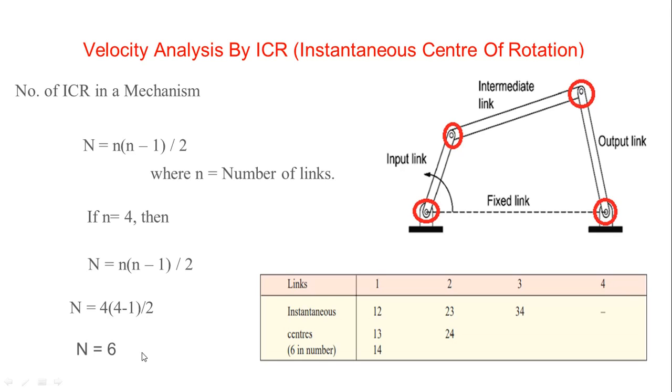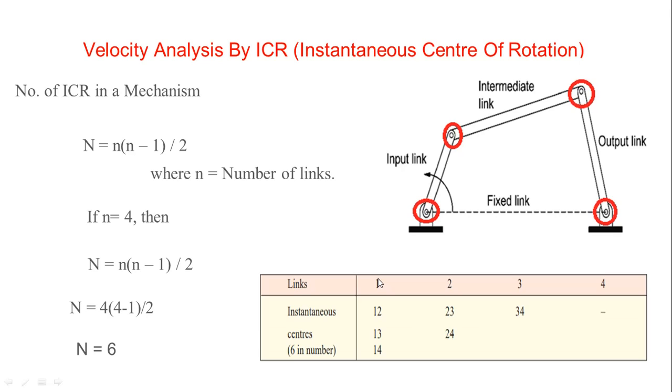Which are these 6 ICR? As we know that it is a 4 bar mechanism, we write down the links 1, 2, 3, 4. As we write these down, how many ICR will there be? The ICR can be counted for each and every link excluding itself. It means link number 1 will make ICR with all other remaining links excluding itself.